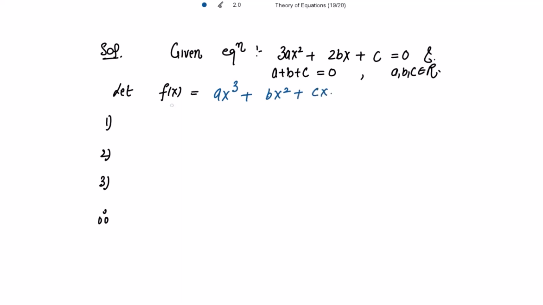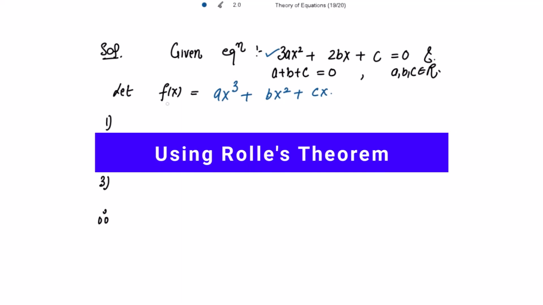If you take the derivative of this f of x, you will get 3ax² plus 2bx plus c. Please notice that because this is a polynomial function, every polynomial function is continuous, and it is also differentiable at all points belonging to the real numbers. So now I'm going to use Rolle's theorem for this function.